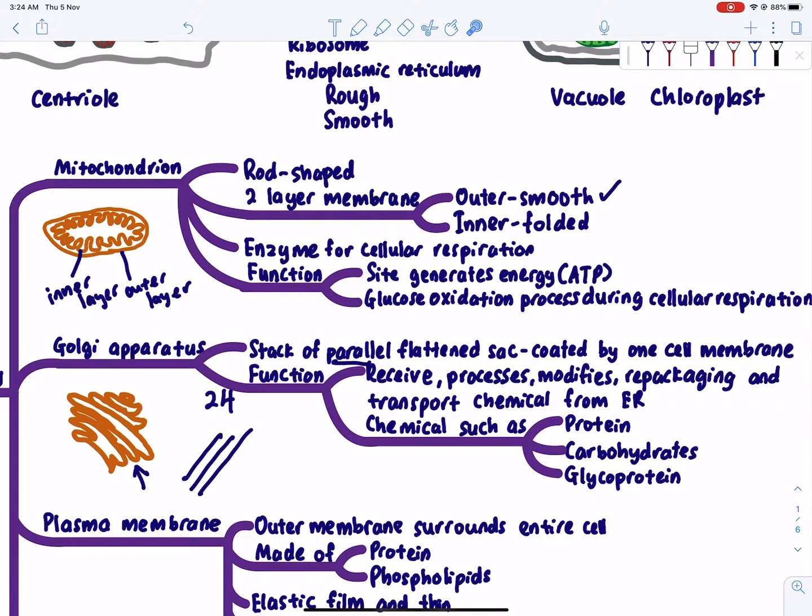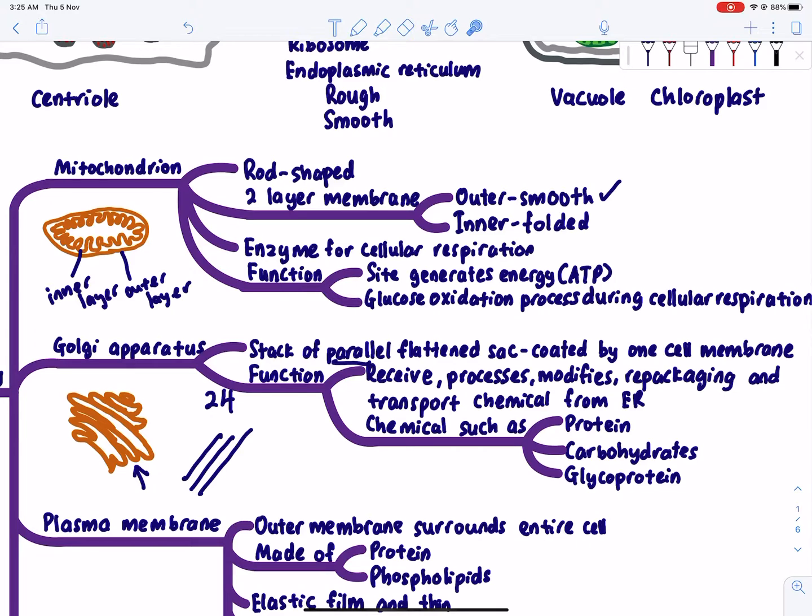The Golgi apparatus will receive that chemical, that product from the rough endoplasmic reticulum, and then process it again so that it is compatible for outside or inside usage. They need to reprocess it so that it is usable by the outside or inside of the cell.